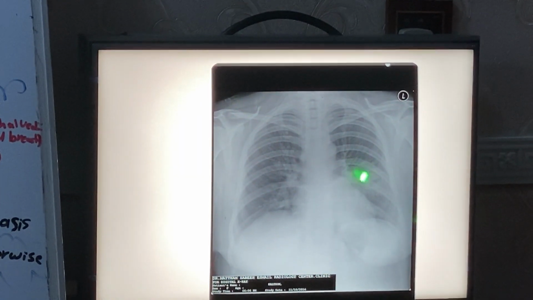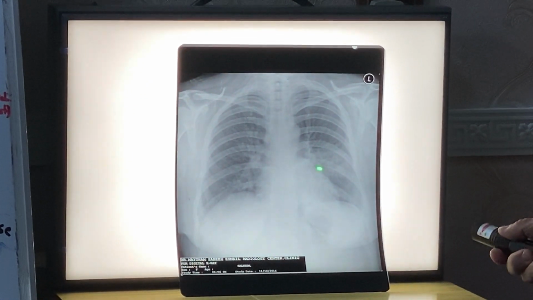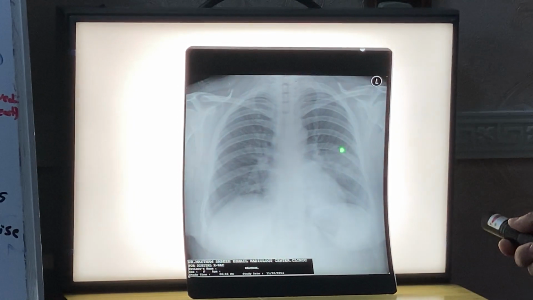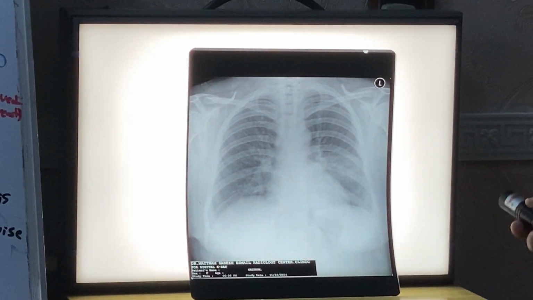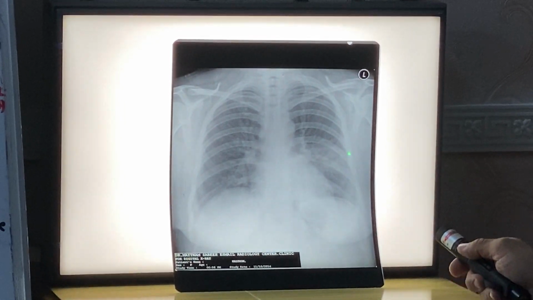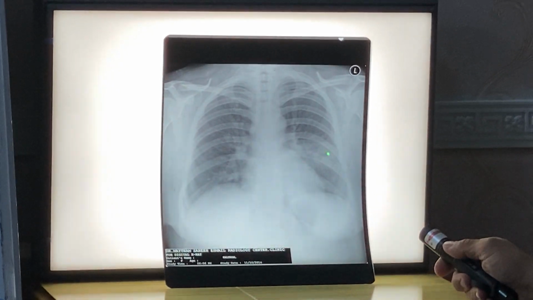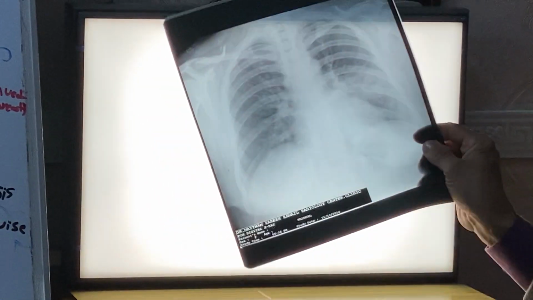This is also a chest X-ray, PA view, dated, labeled, named, and this is a consolidation or opacification of the left middle zone, irregular, ill-defined and caused by pneumonia, pneumonic consolidation.